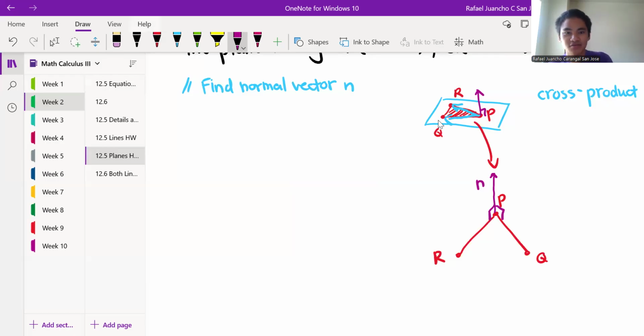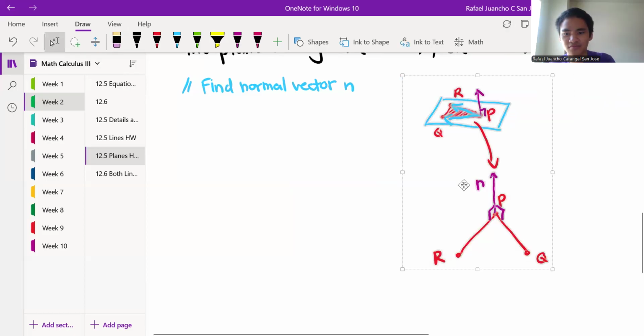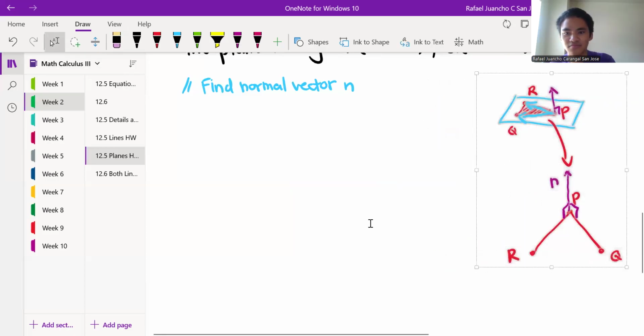And so we want to get the cross product of PQ and PR to get this vector N. So that's what we want to do. I'm gonna put the visual here and let's just go straight at it.